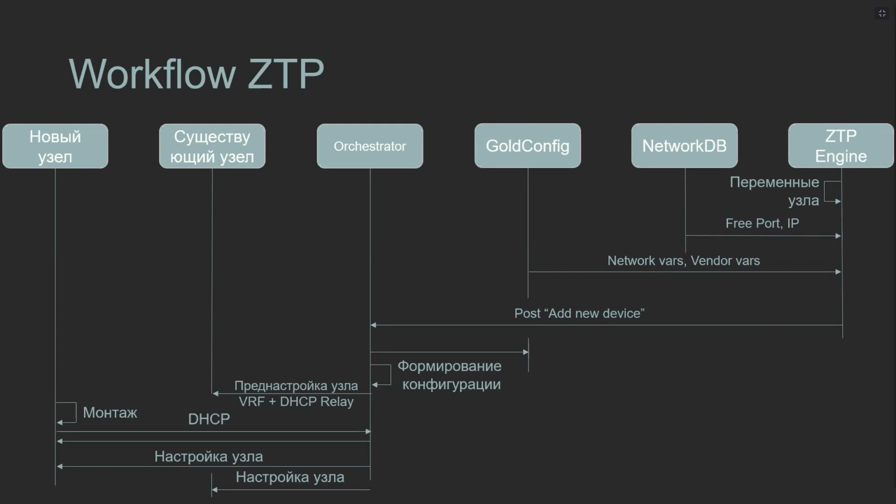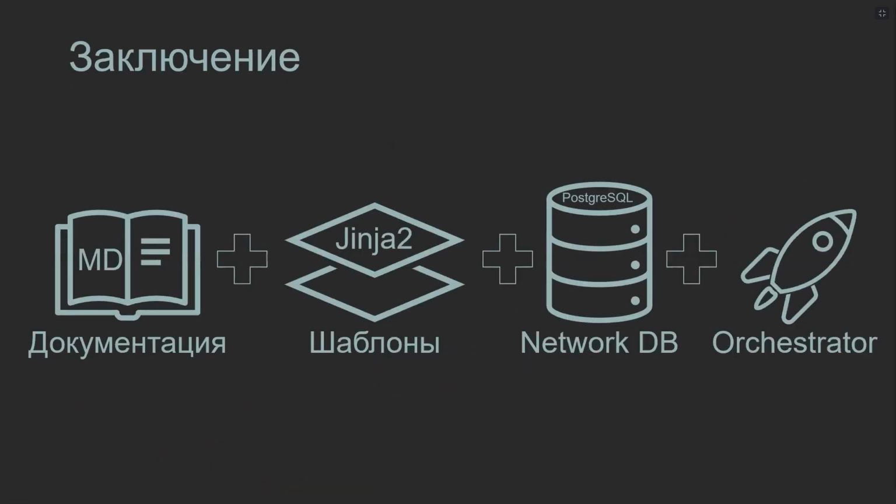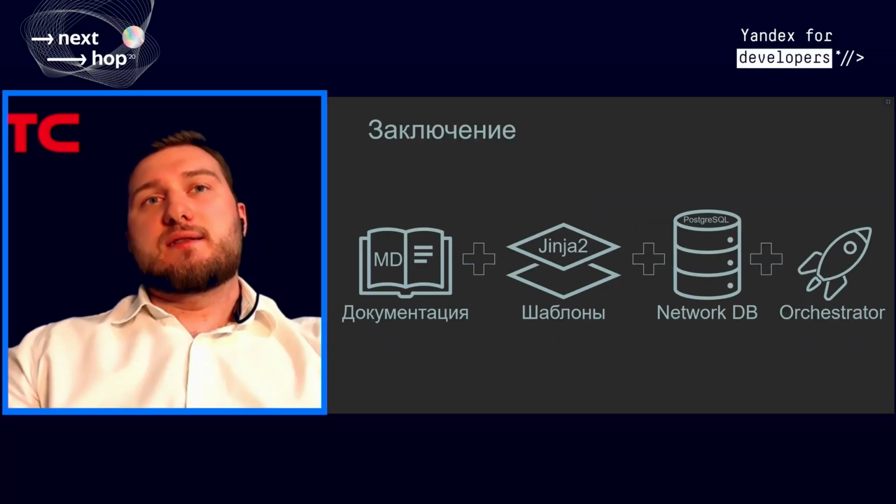After the new device is connected, the orchestrator sets up the new node, then it reconfigures the existing nodes, and then the orchestrator tests the new node, and we have an automatic node which got automatically connected to our network. Right now, we are getting ready for implementing this node in the network, and in the fourth quarter of this year, we are going to implement this system.